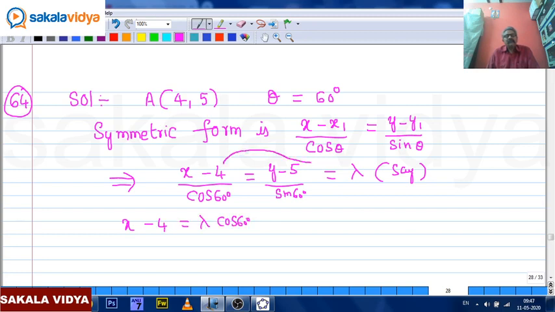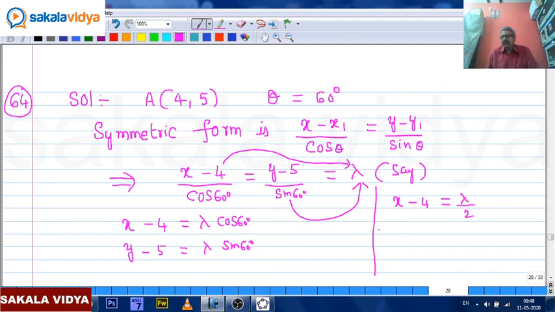Next, equating these two, y minus 5 is equal to lambda into sin 60. So now we get x minus 4 is equal to cos 60, which is 1 by 2, that is lambda by 2. So x is equal to lambda by 2 plus 4, and y minus 5 is equal to root 3 lambda by 2.